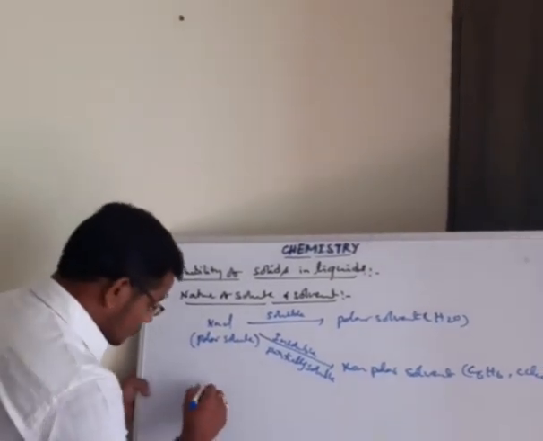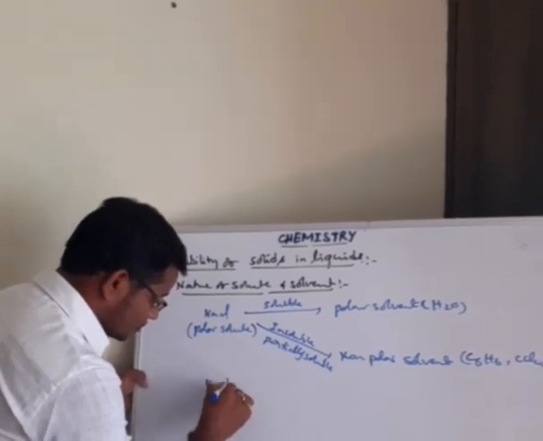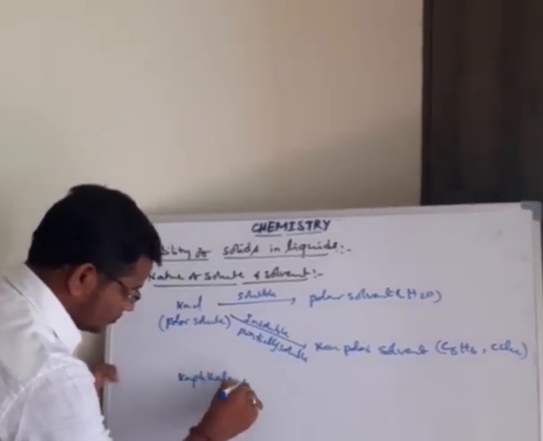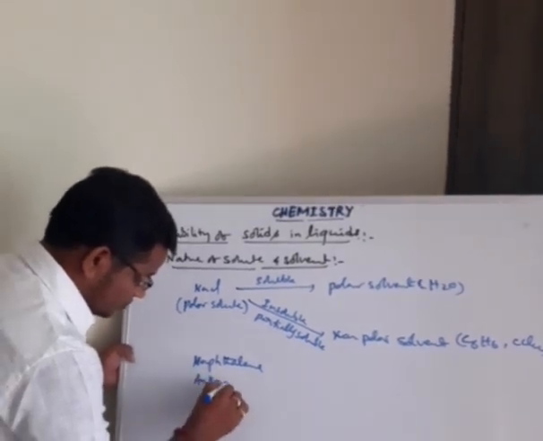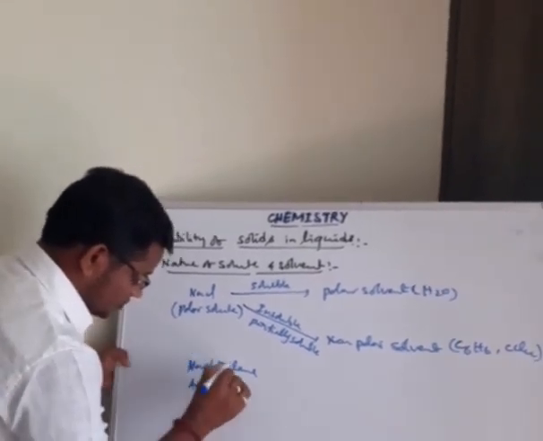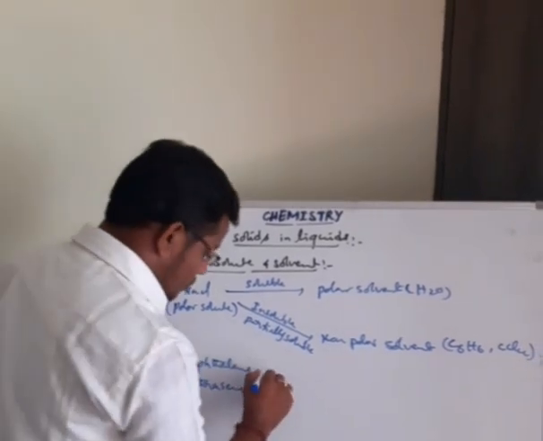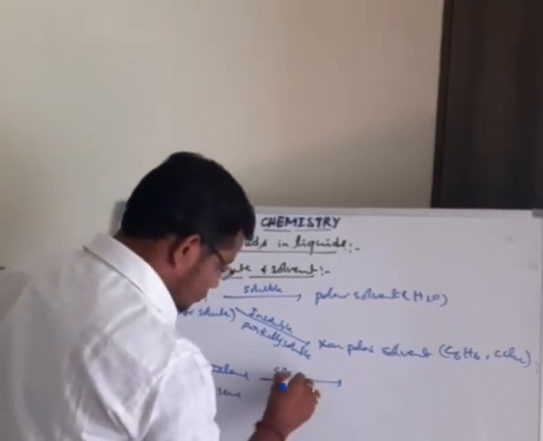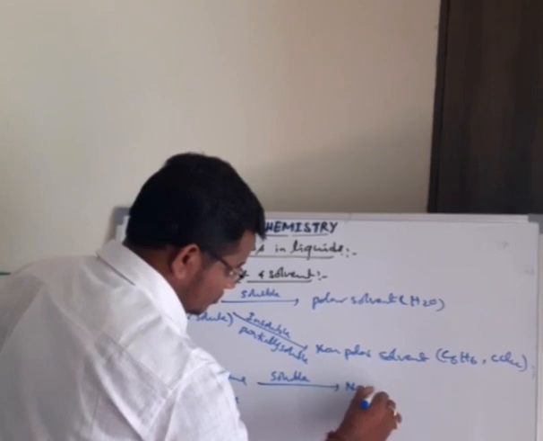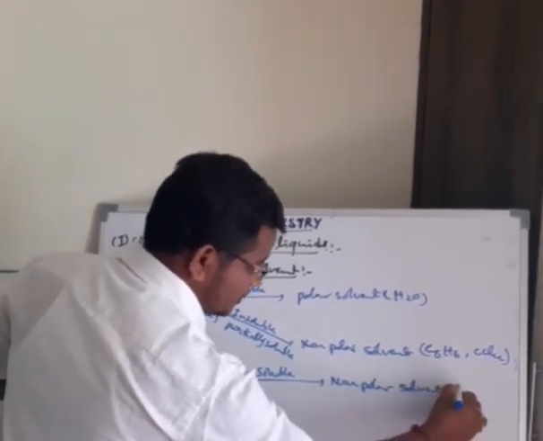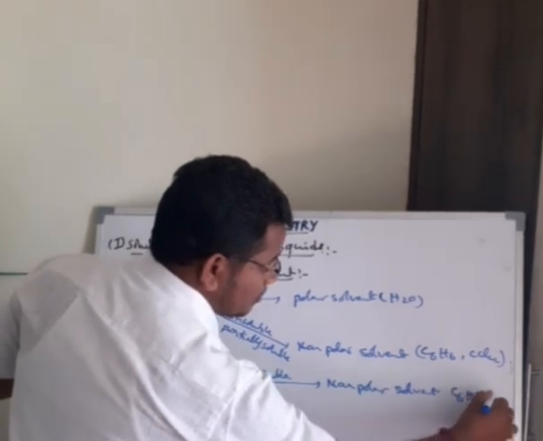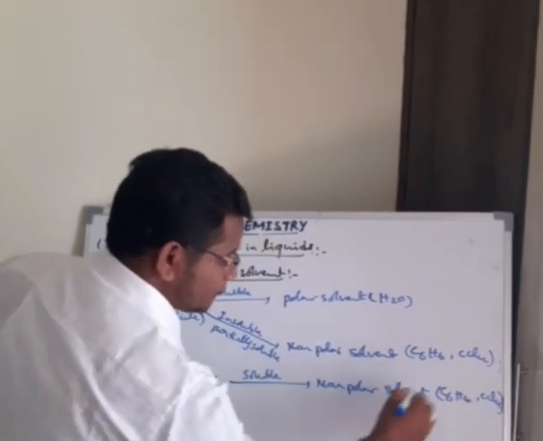So like that, naphthalene and anthracene. Naphthalene and anthracene, these two are soluble in non-polar solvents like benzene or carbon tetrachloride.